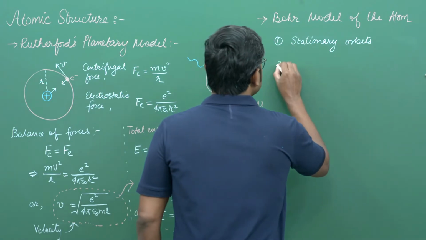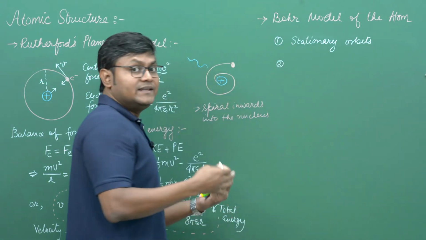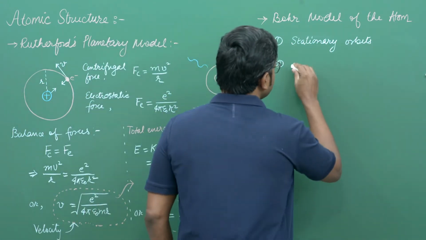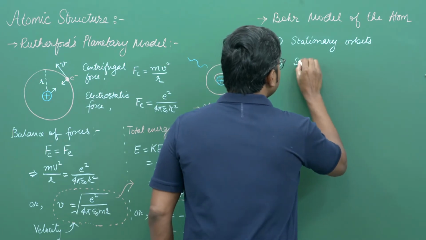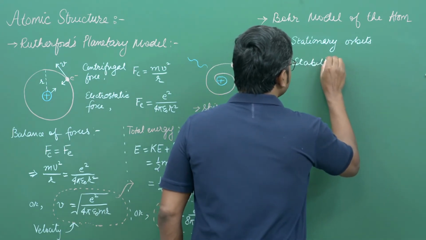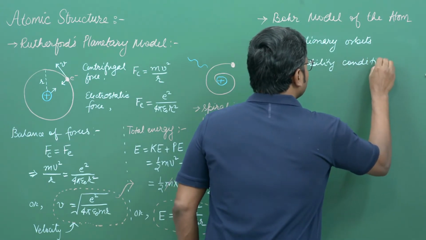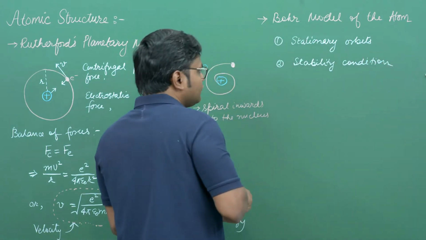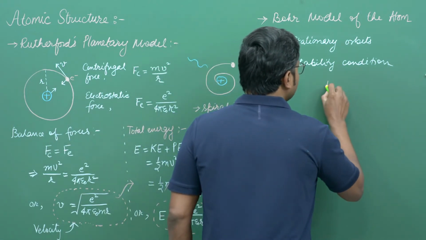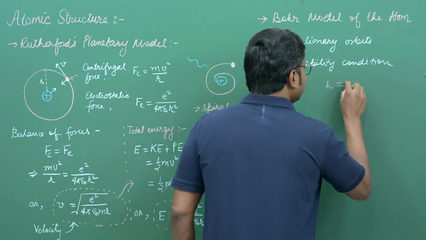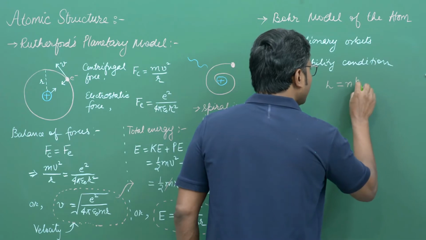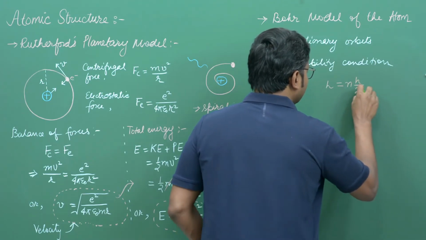And the second point is that he gave the stability condition associated with these stationary orbits. The stability condition that he provided was that the angular momentum of the electron which is going around the positively charged nucleus is an integral multiple of h upon 2 pi, or h cut.